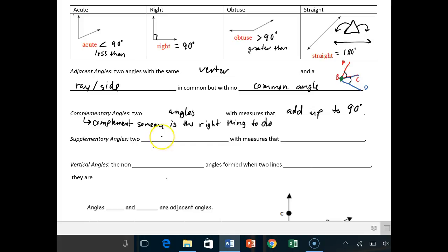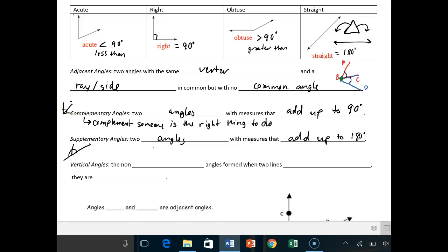Supplementary angles are two angles with measures that add up to 180 degrees. Okay, so with complementary angles, you should always see a right angle, so something like this. With supplementary angles, you should always see something like a straight line with a ray that divides them, so something like that. You should be able to form a half moon with supplementary angles, whereas complementary angles, you should have a little box that says, okay, those are right angles.